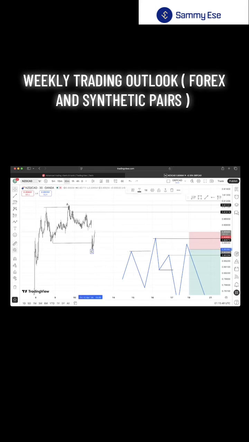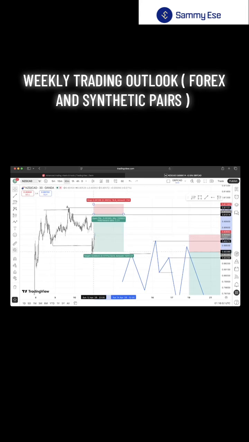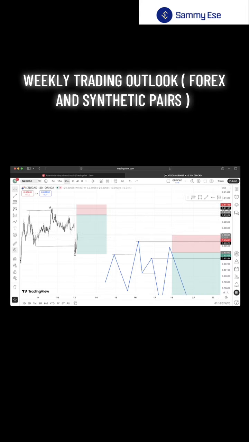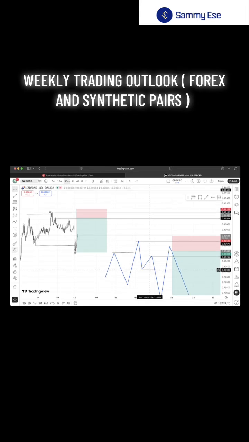My entry will be somewhere here. Sometimes I use the 5-minute supply zone in between here for precise entry, and then my target is here. It's as simple as that. You can see that it's the same thing here and here.